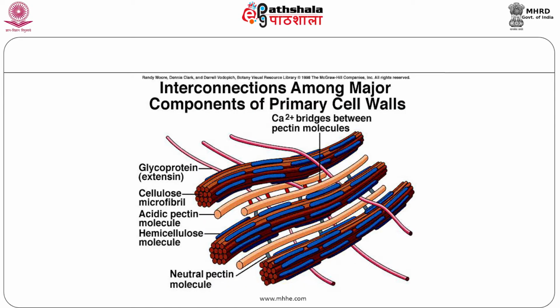In the following picture, we can see how calcium helps in bridging pectin molecules, which gives strength to the cell wall. The figure shows connections among major components of a cell wall, that is glycoprotein, cellulose microfibril, acidic pectin molecules, hemicellulose molecules, and neutral pectin molecules, and calcium ions help to bind the pectin molecules.